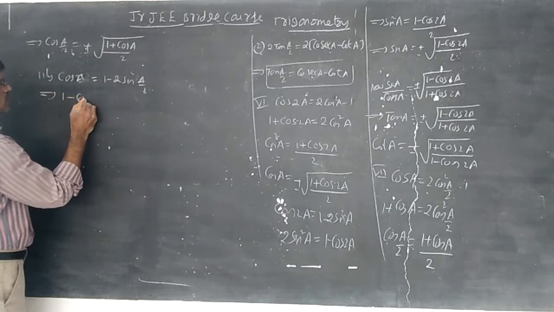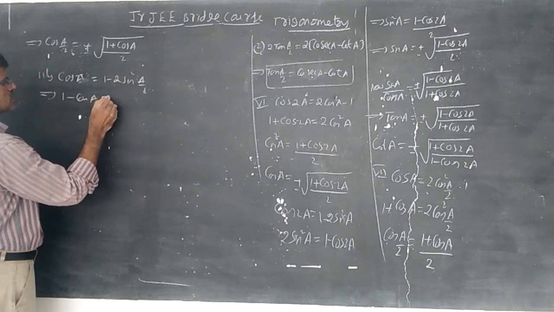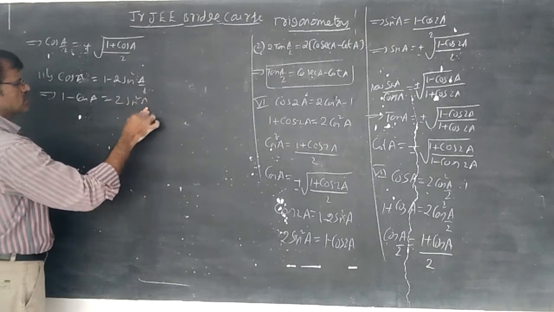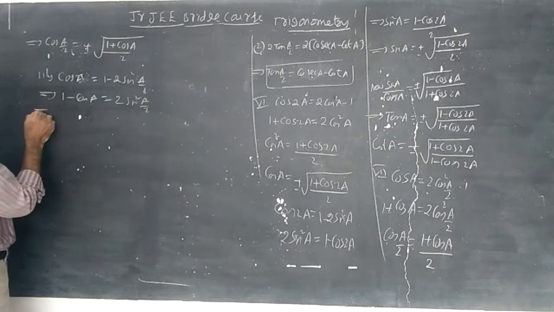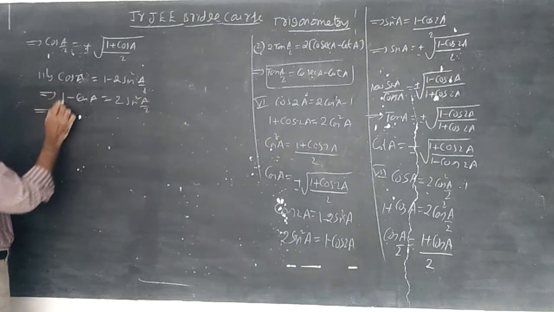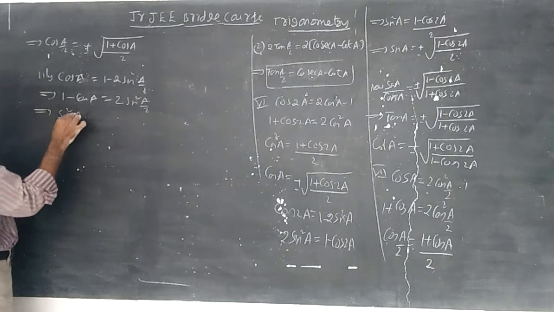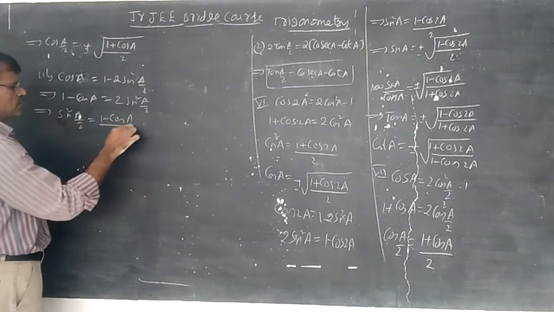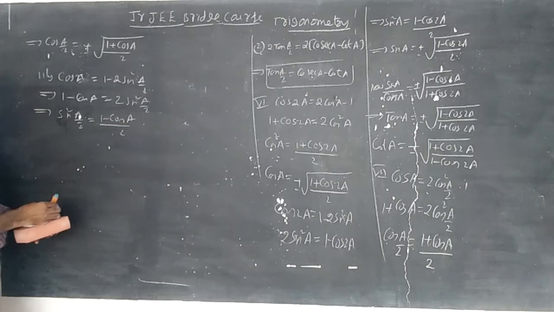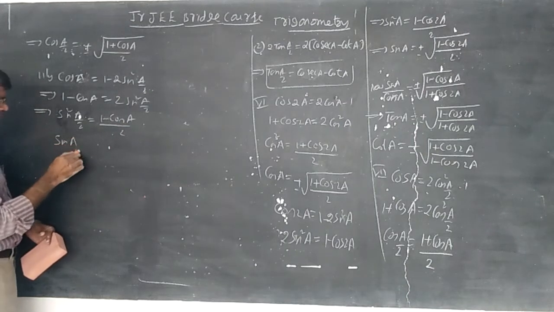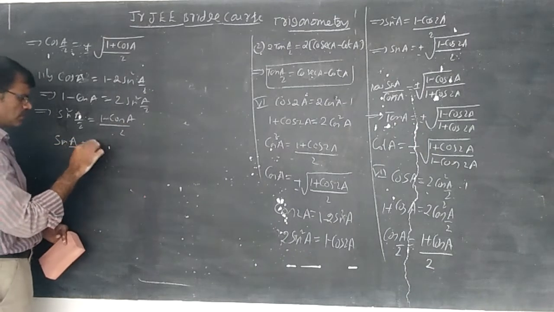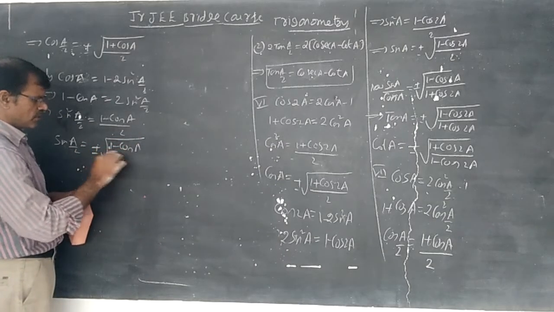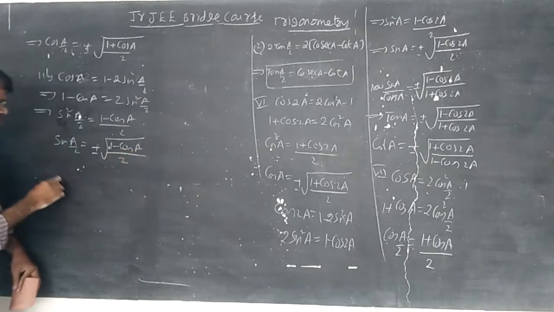So, you can write now 1 minus cos A is equal to 2 sin square A by 2, with minus taken this side. So, sin square A by 2 is equal to 1 minus cos A whole by 2. Now you need sin A by 2. Sin A by 2 is equal to plus or minus root of 1 minus cos A whole by 2.